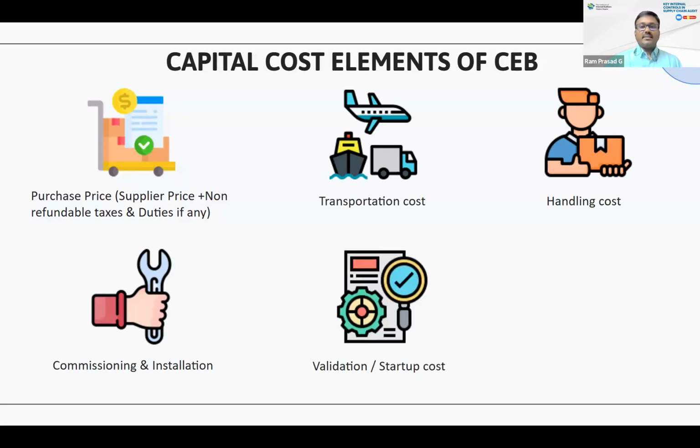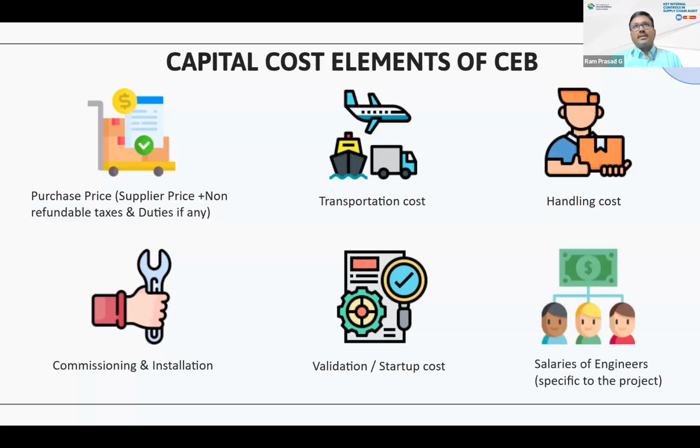And there is an element of spend that most organizations spend for validation and the startup cost. Startup cost also includes the experimental materials that are used in checking whether the machine is giving you the desired result. Validation, again, you have engineers who validate whether the desired result is coming out of installing this particular machinery.